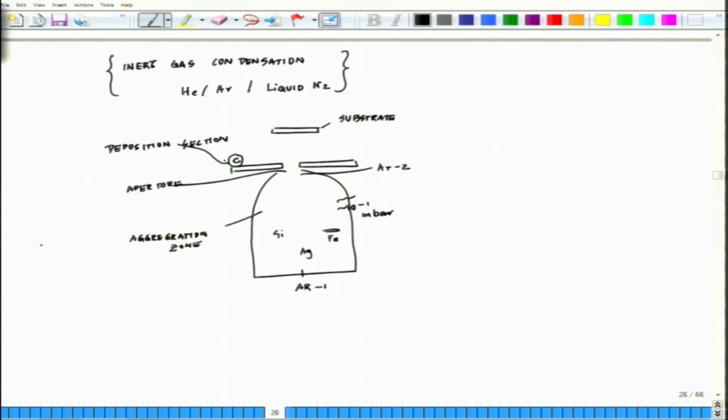So what is happening is that the substrate is sitting here, and the carrier is carrying these particles and depositing them on the substrate as I was mentioning.